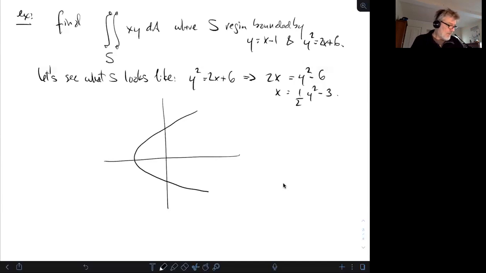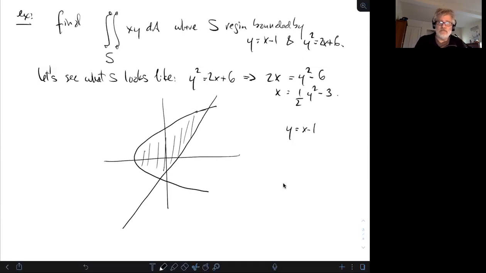Okay. And then I have the line y equals x minus 1, which is the following. Oh, maybe this goes here. So the line is something like that. It's all crooked, sorry. Okay, so the region S is right here.